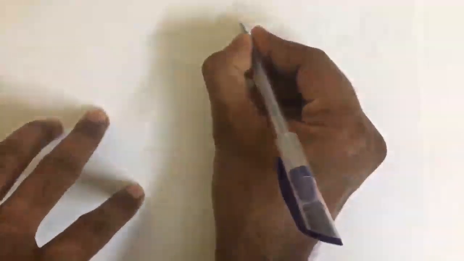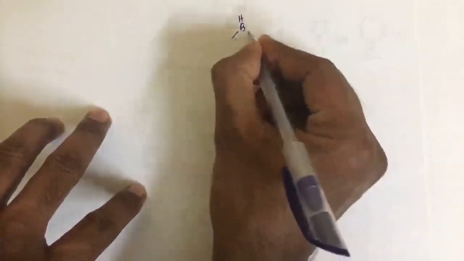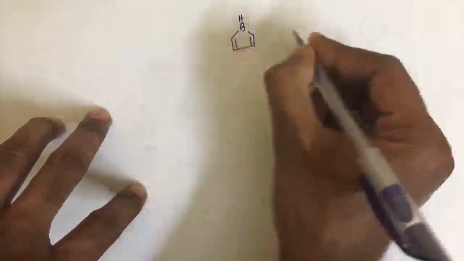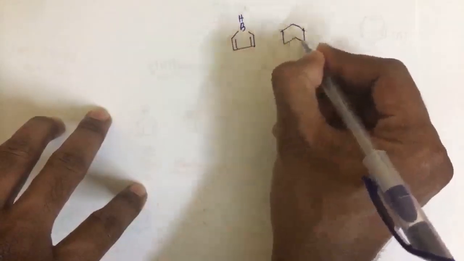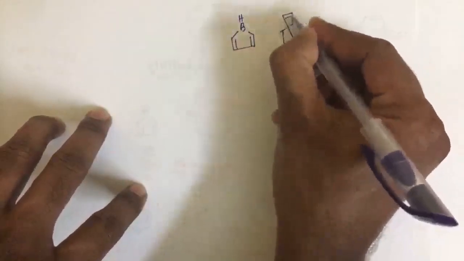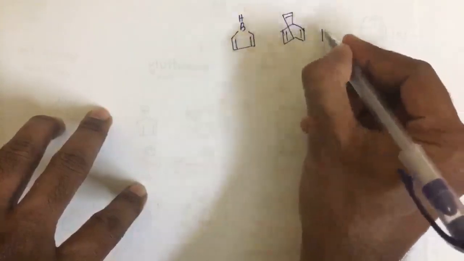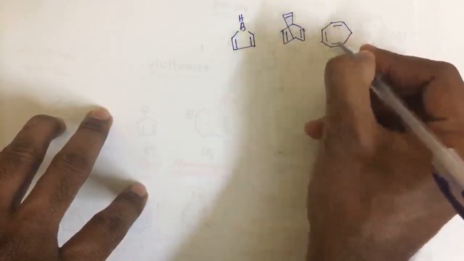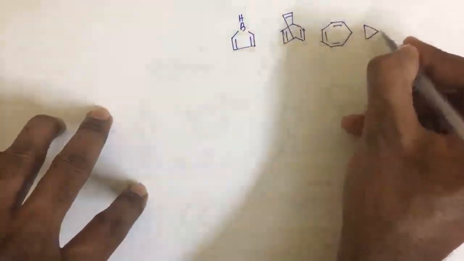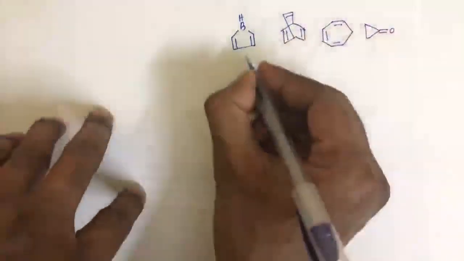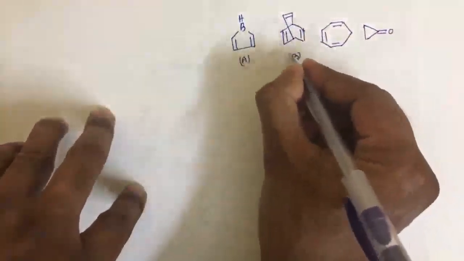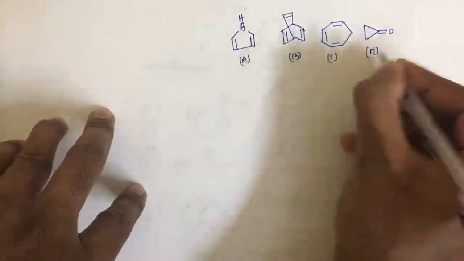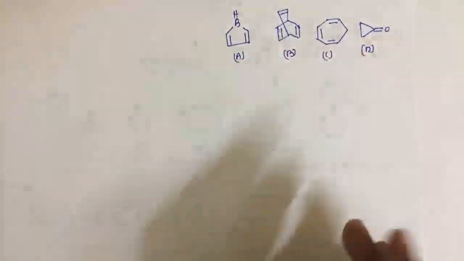And then we have 4 compounds here. A, B, C, D. So the question is, which one is anti-aromatic?